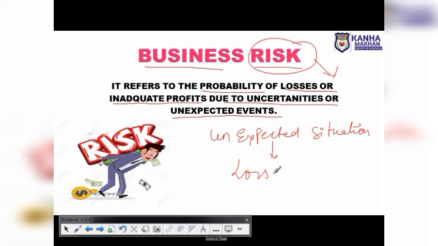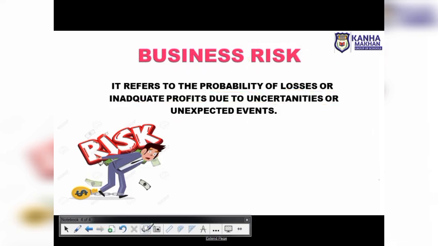Either you can call it loss or you can also call it inadequate profit. So it's very simple. You can define risk as an unexpected event which increases the probability of losses or inadequate profit.